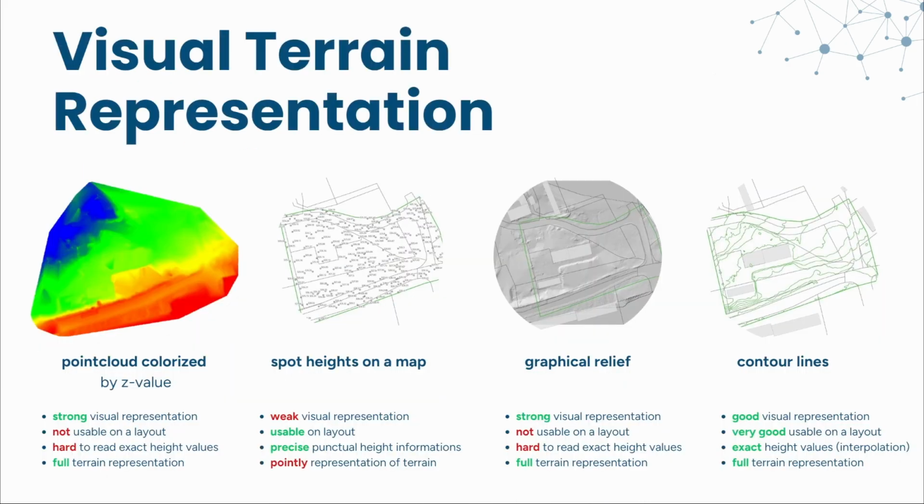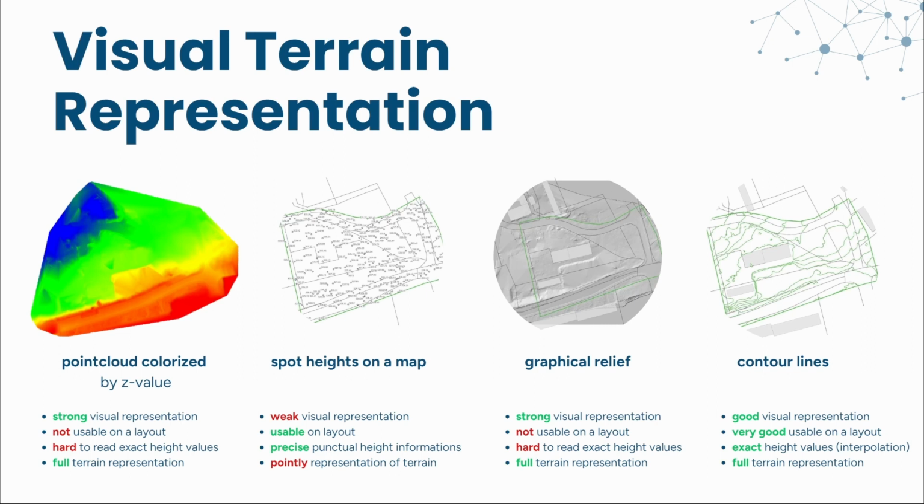To understand why contour maps are still so important, it helps to take one step back. Terrain can be represented in different ways. We can describe it through individual height points, through dense point clouds, through graphical methods, or through contour lines. All of these approaches describe the same surface, but they do not communicate it equally well. Some methods are highly precise, but difficult to read at a glance.